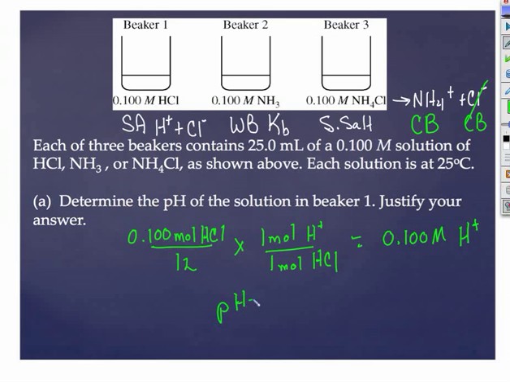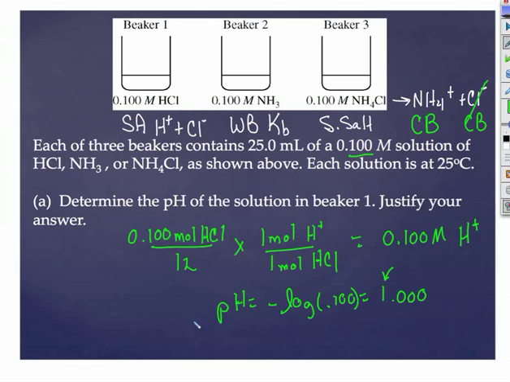So pH is equal to minus the log of 0.100, and that is equal to 1 point. Now be careful, 3 sig figs here, you have to go 3 decimal places. In a pH, the number in front is magnitude, not measurement.